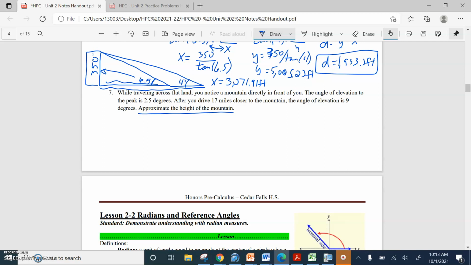So let's draw this picture out. We have a mountain peak right there. We are going to know that our very first sighting is some distance x away. Let's label this. That first angle was 2.5.